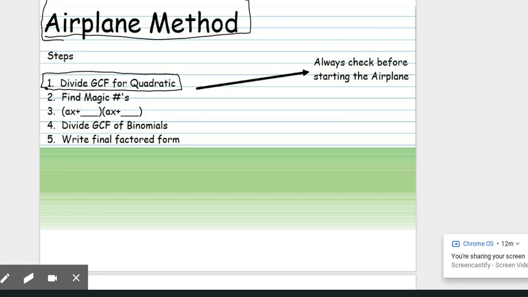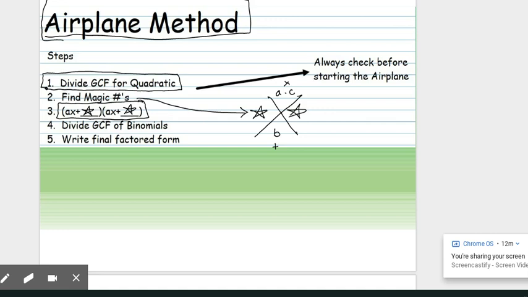The second thing is we are going to make our magic numbers, and that's the whole X thing. Remember, A times C is on top, adds to B. And that's going to get us these two numbers. And those are the things that we need. Now, once we get that, we're going to fill the two numbers. It's irrelevant which one you put where, but you're going to fill the two numbers in this similar fashion. Now, we'll see that as we go through.